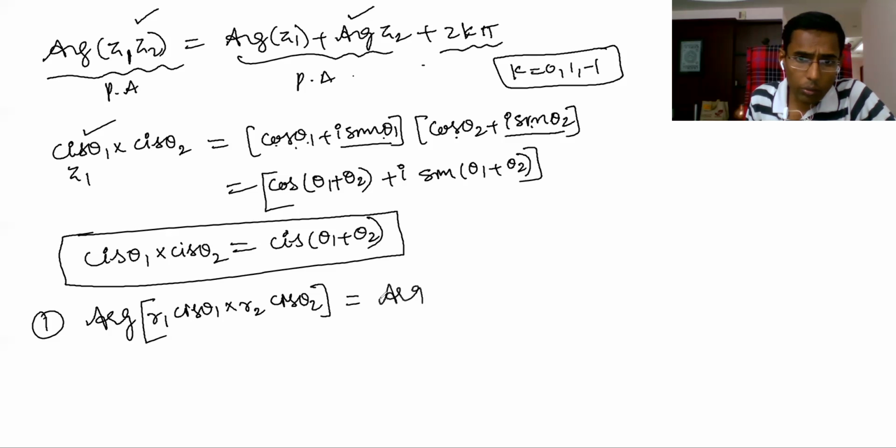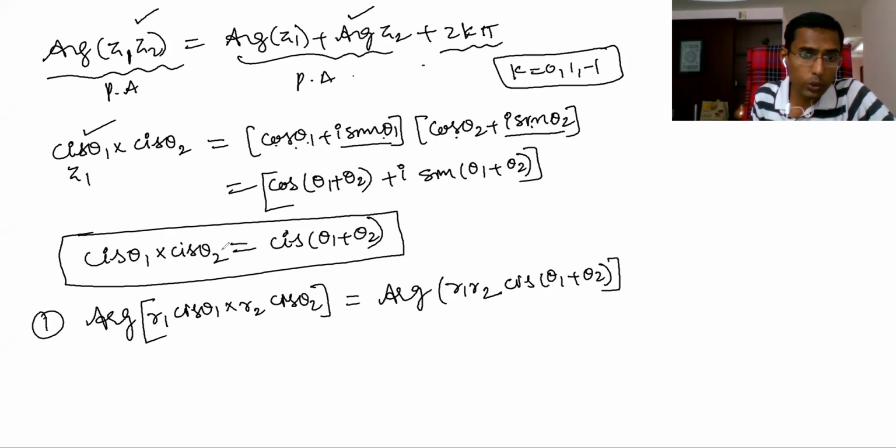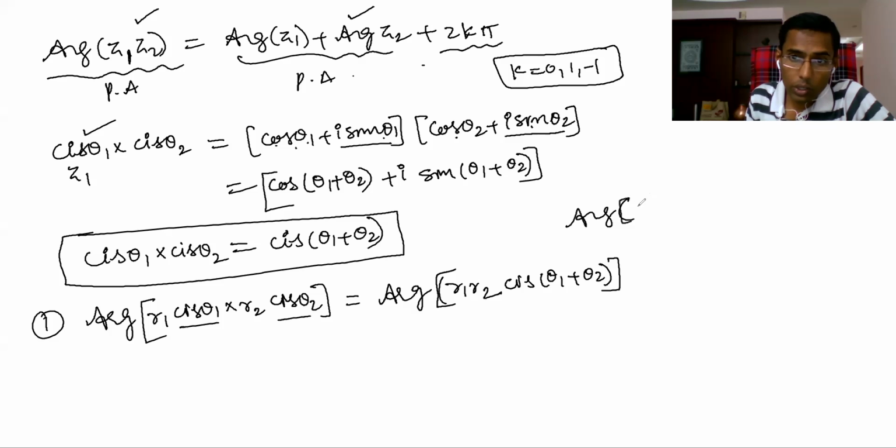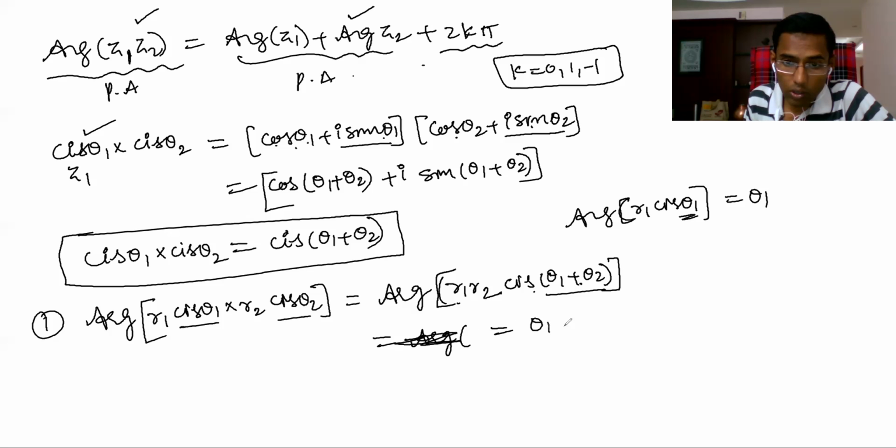Argument of r1 r2, if you keep it aside, into cis of theta 1 plus theta 2. We just proved that cis theta 1 into cis theta 2 is cis of theta 1 plus theta 2. Now its argument is what? Whenever we write argument of r cis theta, the argument is theta. So here it is theta 1 plus theta 2.